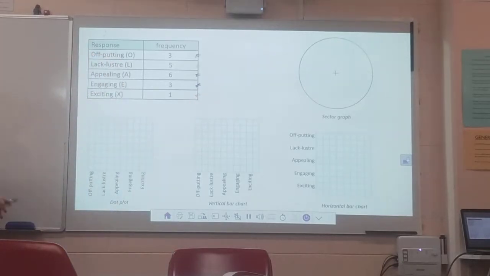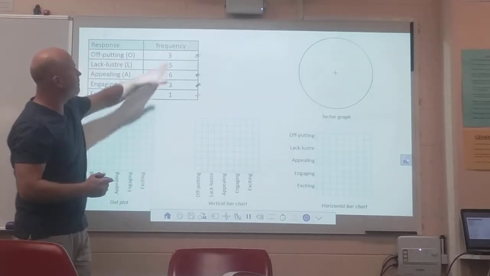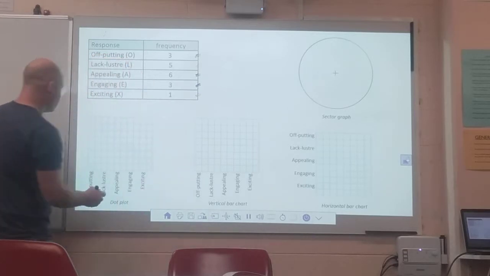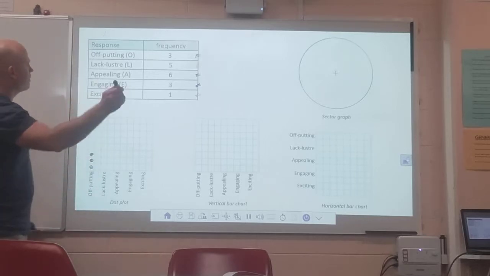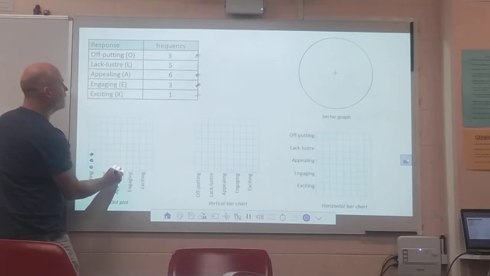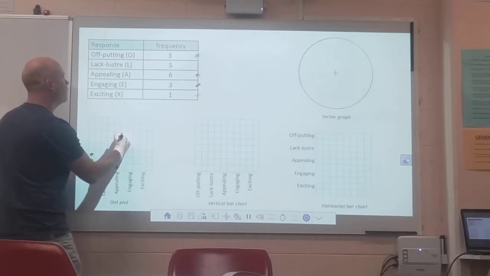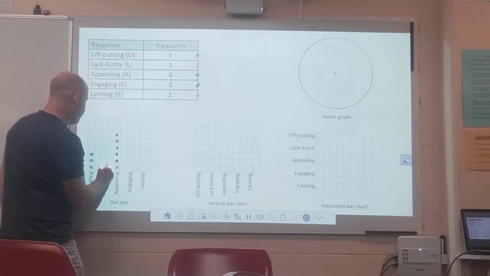For the dot plot, we simply put the number of dots for the number of people that selected that response. Off-putting, there were 3, so 3 dots. While I've got the black texta, we'll put appealing in as well with 6 dots. Lackluster at 5.